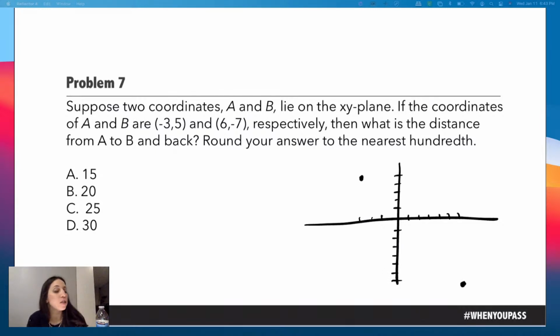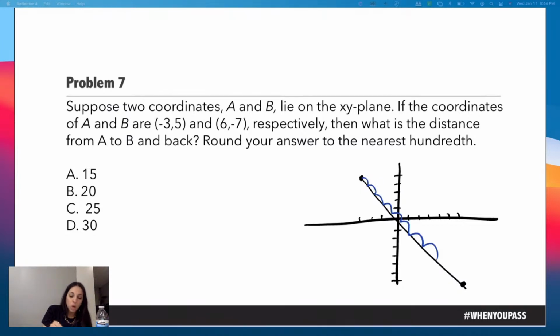So I always like to graph it because I want to see if I can quickly, easily count the distance. Unfortunately, this distance is going to be really difficult to count hops. So in this case, I'm going to have to use the distance formula. Now, let's pretend the distance formula is really foreign to you. Could you attempt to count spaces?